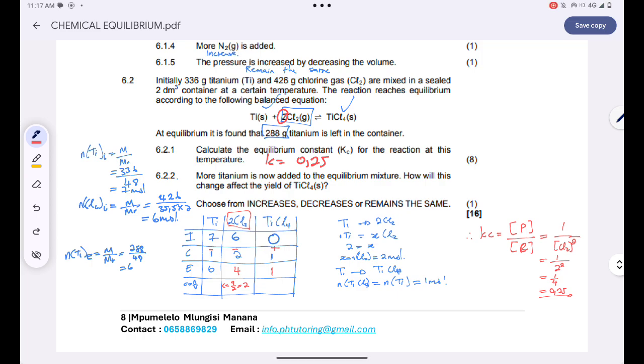So if ever we increase the quantity, we are basically increasing the concentration. But since we cannot find the concentration of a solid, by just increasing the quantity of our solid, we are doing nothing to our equilibrium position. Are you together? And hence the yield will also not change. So this guy over here will just remain the same.